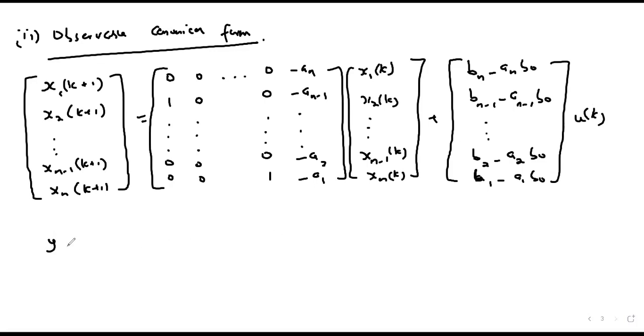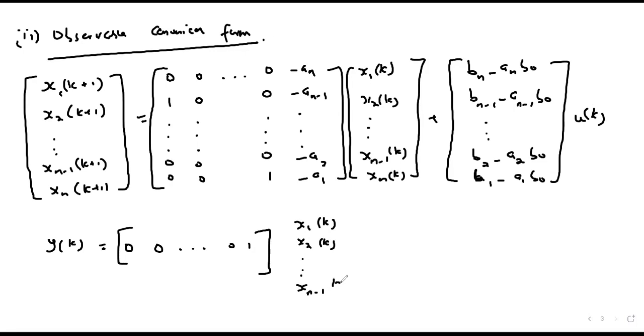The output equation is written as y of k is equals to, for the matrix C, we transpose the matrix H from the controllable canonical form to obtain a matrix of all zeros apart from the last term as 0, 0, 0, 1, multiplied by x1 of k, x2 of k, xn minus 1 of k, and xn of k, plus the matrix B, which remains unchanged as B naught u of k.